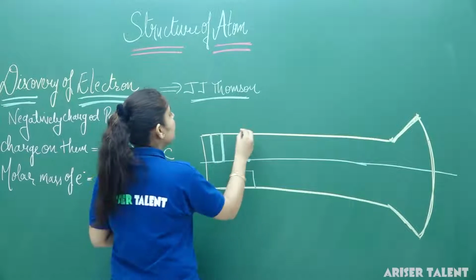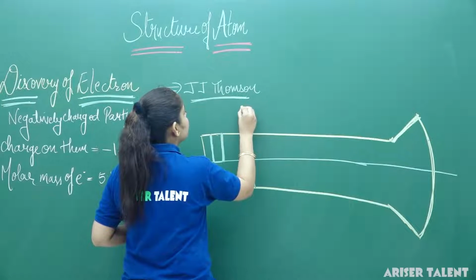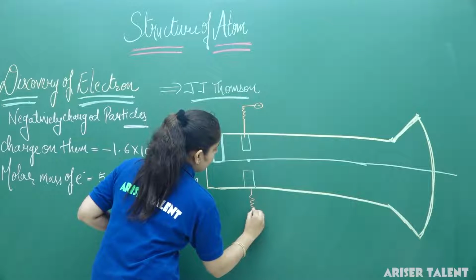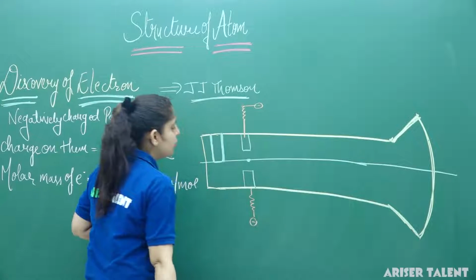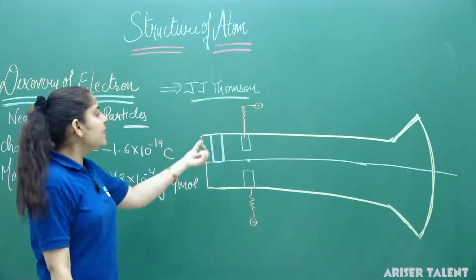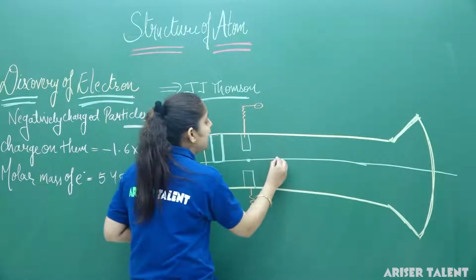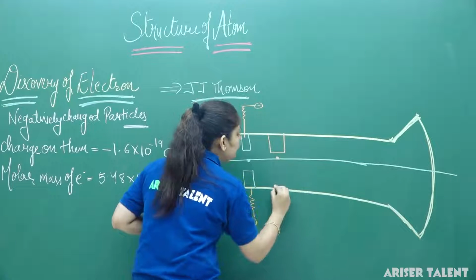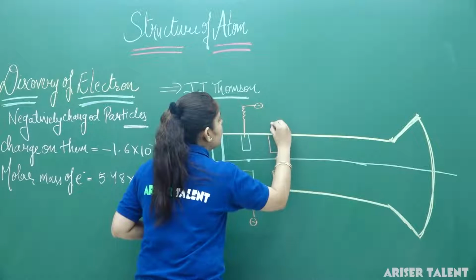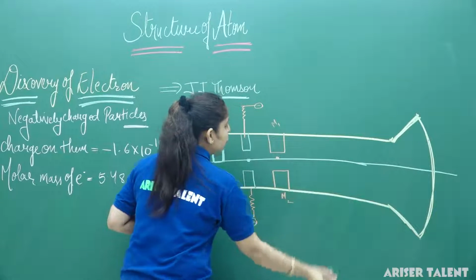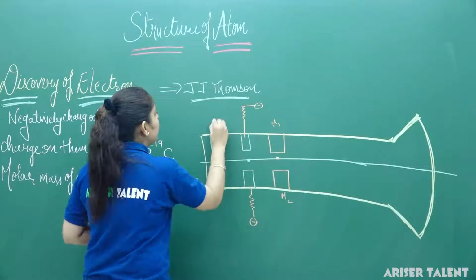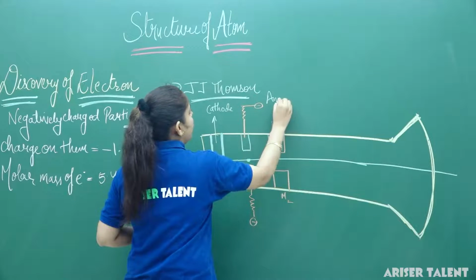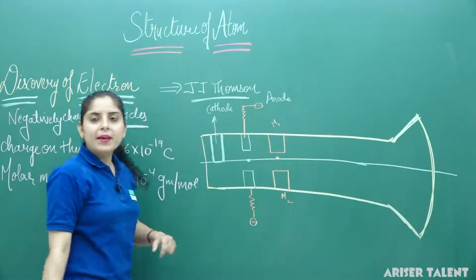Clear? After this anode, a fine hole is made in the center and two metallic discs are taken here. This is M1 and this is M2. And this is our cathode. So, this is the cathode, this is the anode, and these are the two metallic discs.